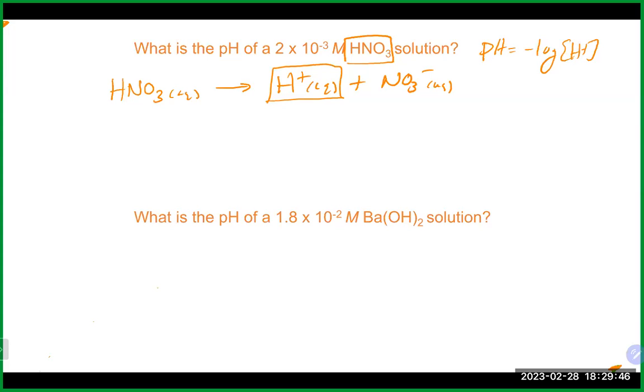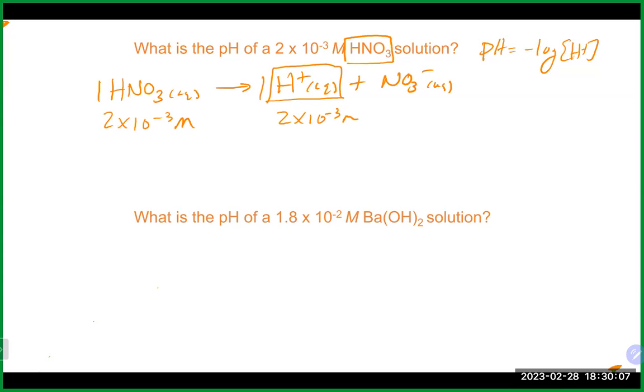Since this is 2 times 10 to the minus 3 molar, the concentration of H plus would be the exact same number, right? That is because it is a 1-to-1 relationship between those two.